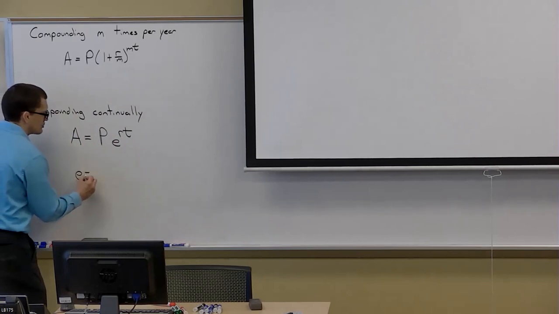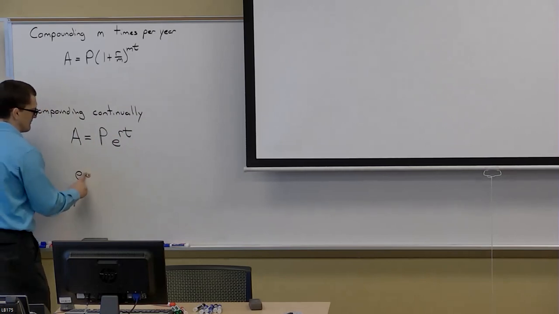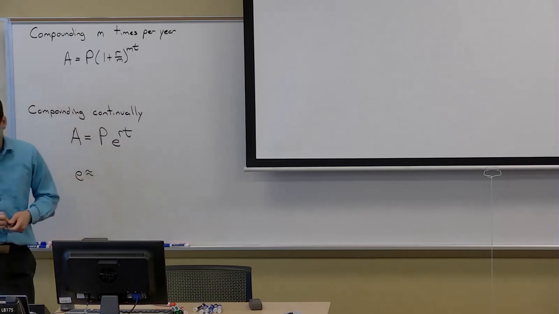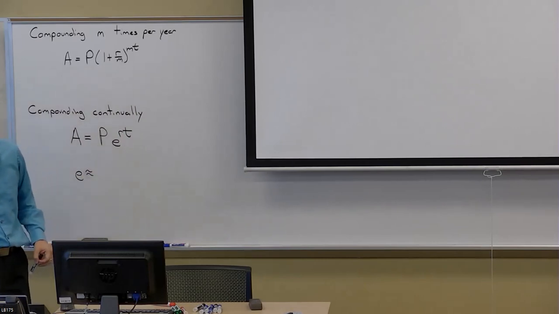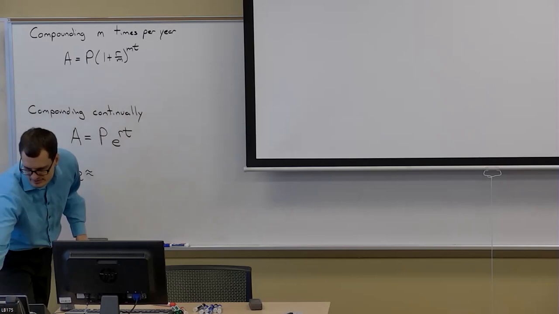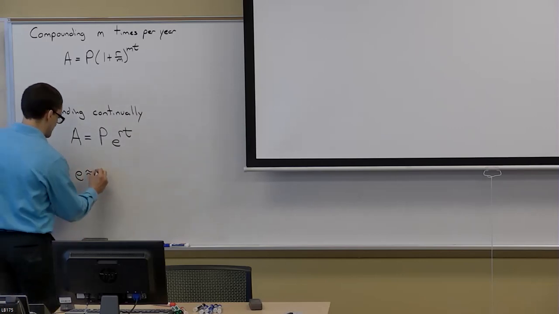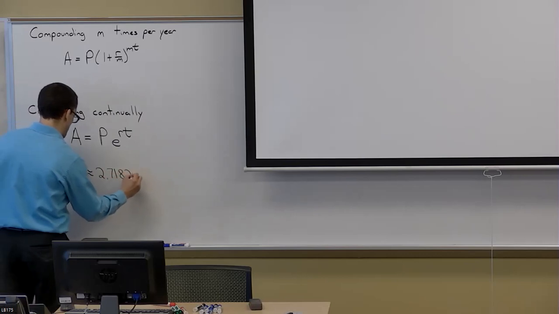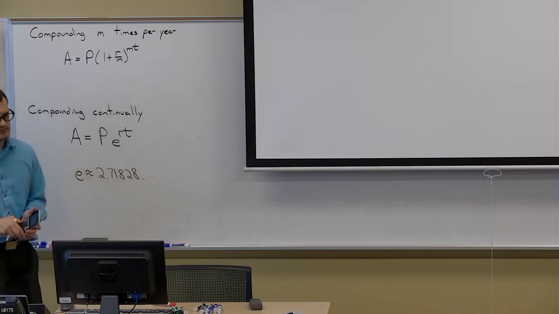E actually is an irrational number. It's about 2.71828, blah, blah, blah. Okay?